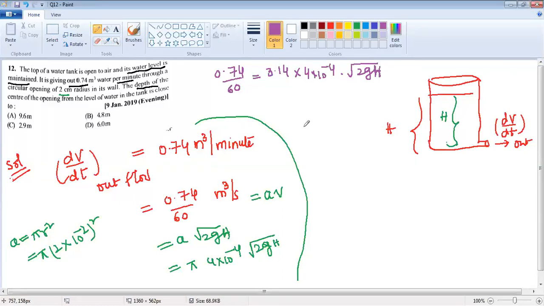Root over 2gh. So then what you have to do?